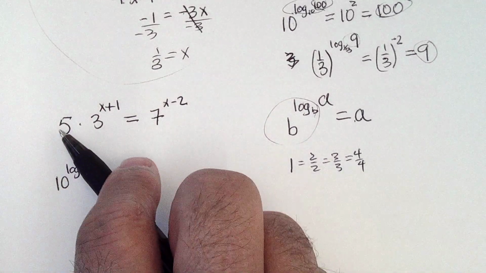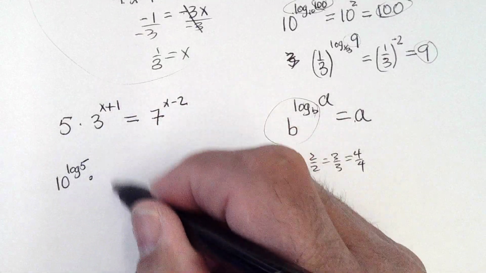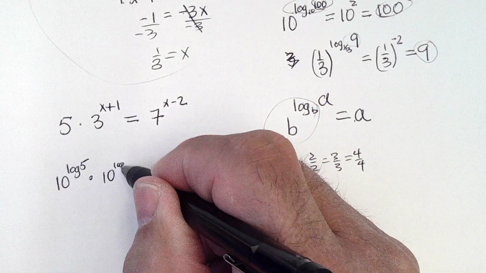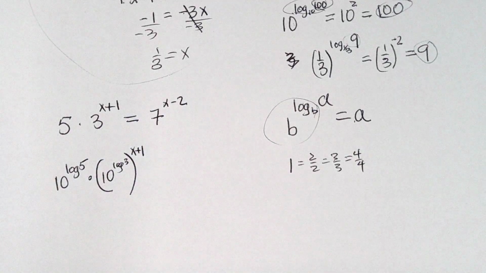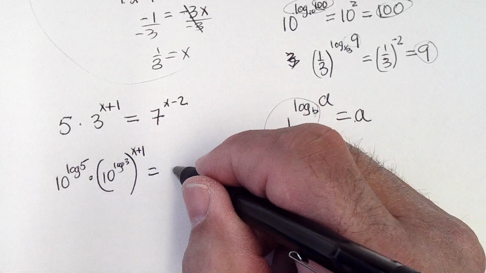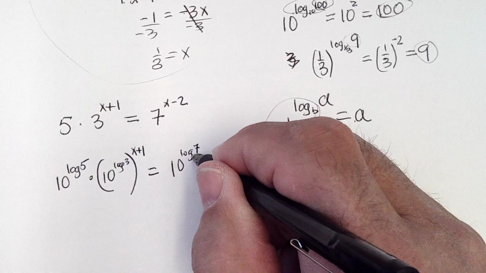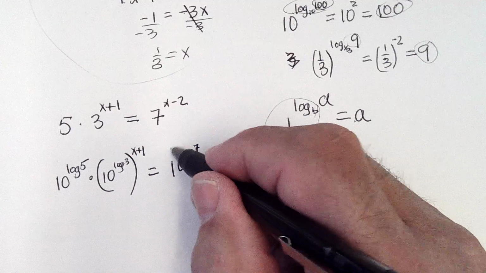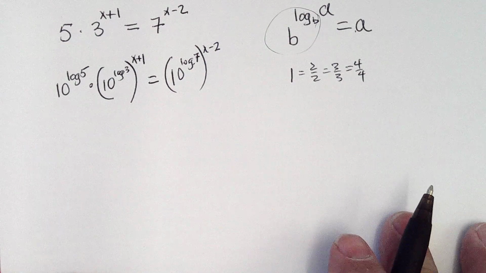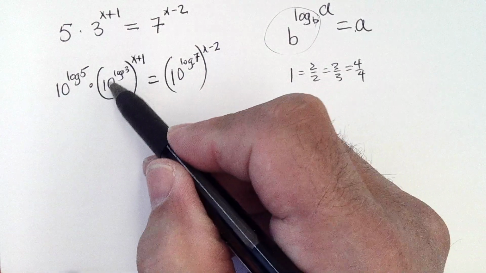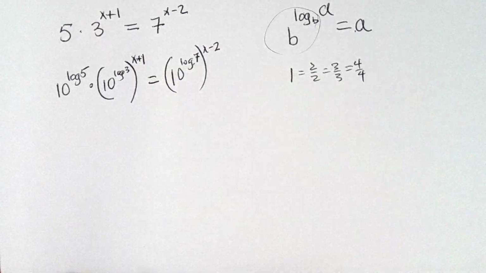So I can just write 5 as base 10 with log 5. 3 is 10 to the log 3, and that was to the x plus 1. And 7 is 10 to the log 7, log base 10, so this would cancel, to the x minus 2. Now, if we use our power rules, we got 10 to a power to a power. So we've got to multiply these.